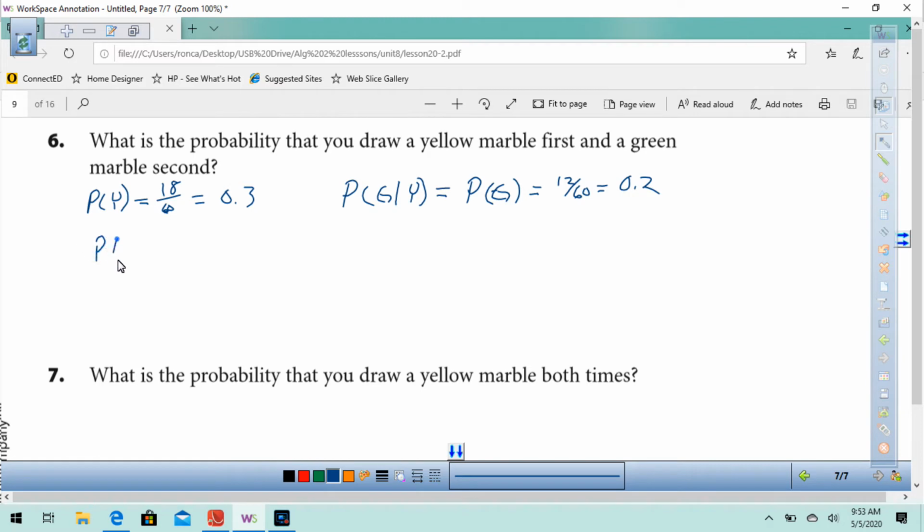So the probability of yellow intersection green is the same as the probability of yellow times the probability of green. I can do fractions a lot easier than that. That's the same as 3/10 times 1/5, so I got 3 over 50.